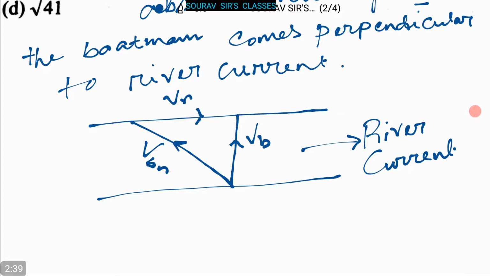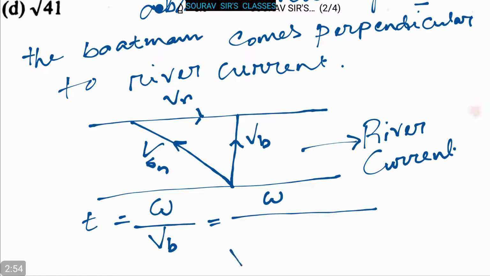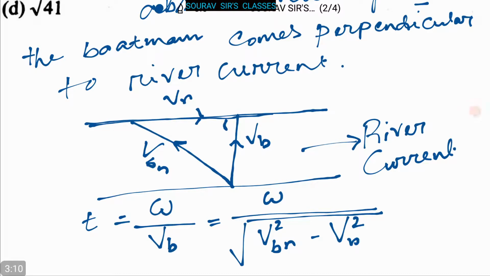Now we know that T, that is time, is equal to width divided by VB, the velocity of the boatman. We can write it as width divided by root over VBR square minus VR square, because from this diagram, if this is 90 degrees, we can write VB square plus VR square is equal to VBR square.